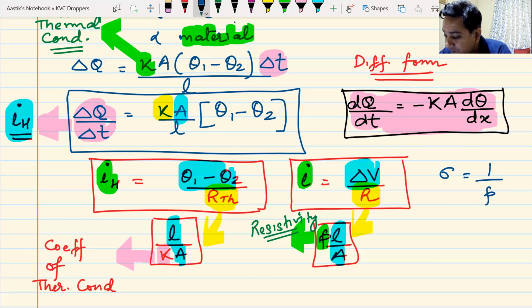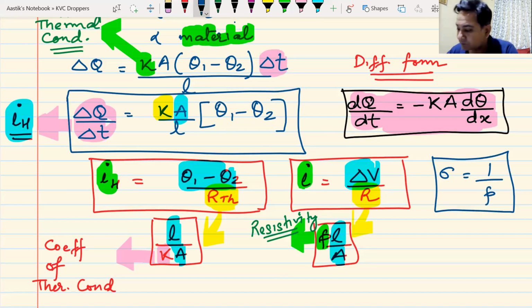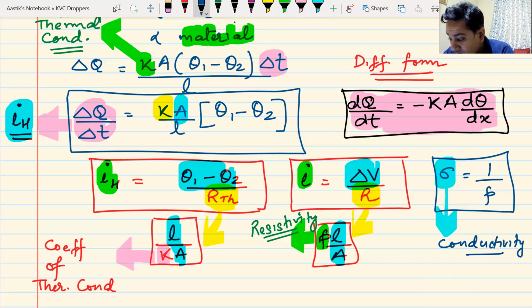Do we remember this, my dear friends? Here this becomes your electrical conductivity. Yes or no? Do we remember this? This is electrical conductivity.